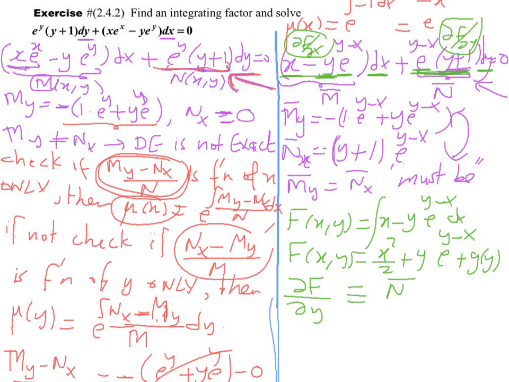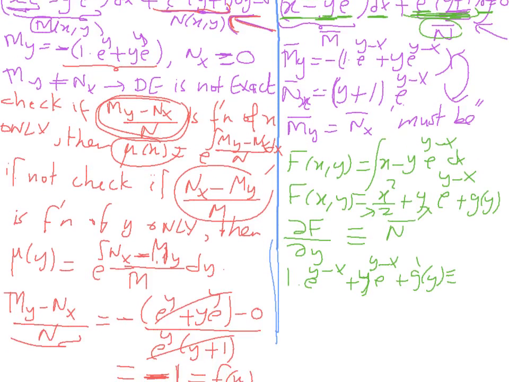Partial f partial y: here this is 0, and here you have a product rule, so you have 1 e^(y minus x) plus y e^(y minus x) plus g prime y is equal to N bar, which is e^(y minus x) times (y plus 1).